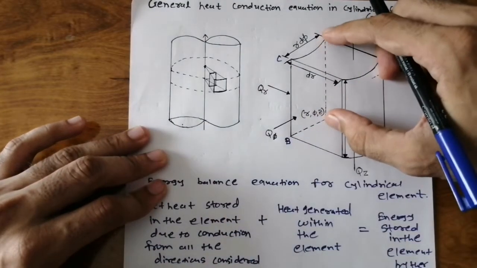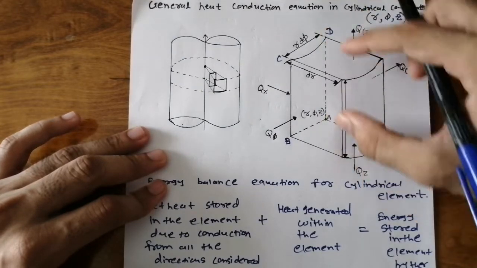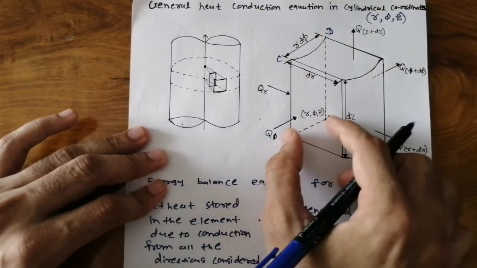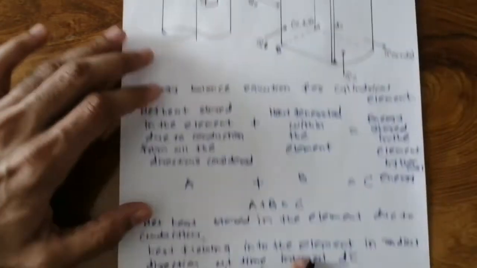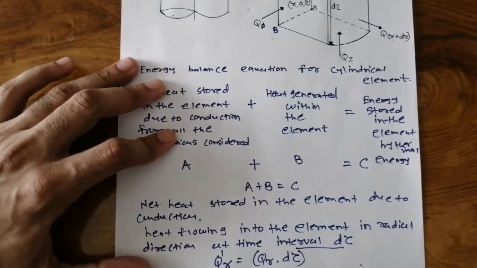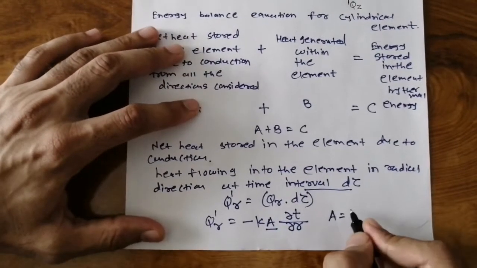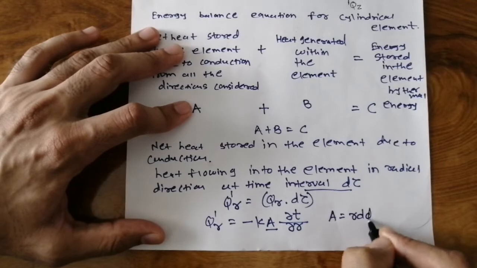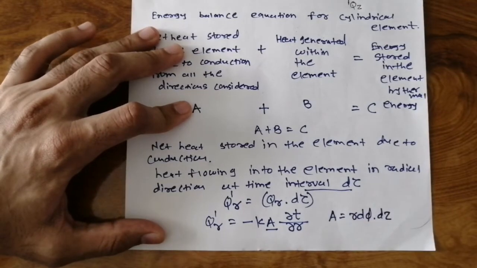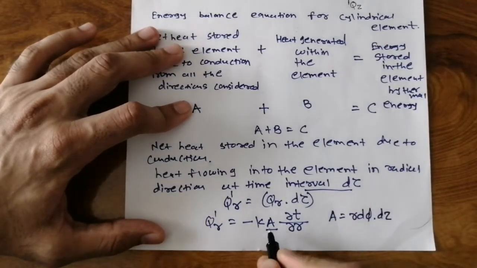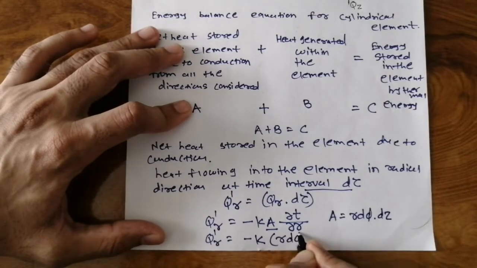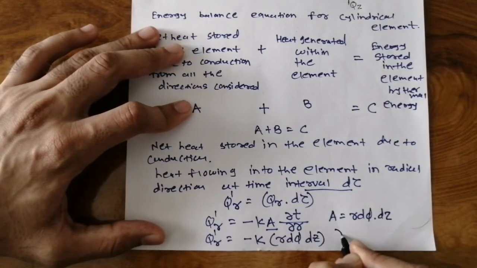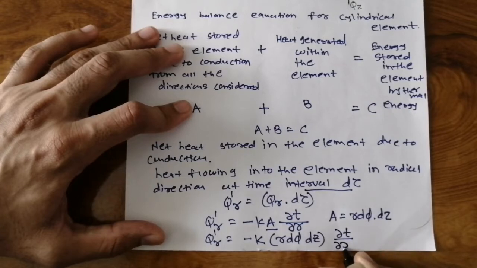Our height is dz, and the thickness width will be R d phi. So area is equal to R d phi into dz. So QR dash is equal to minus K, area R d phi dz, del T by del R.